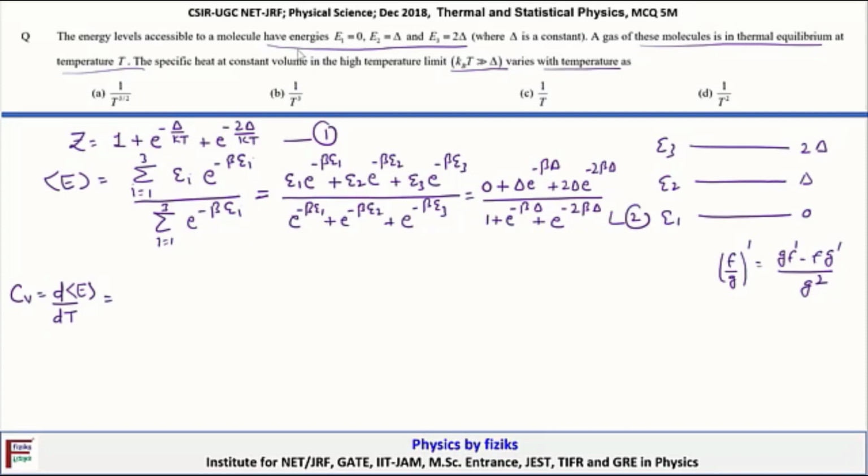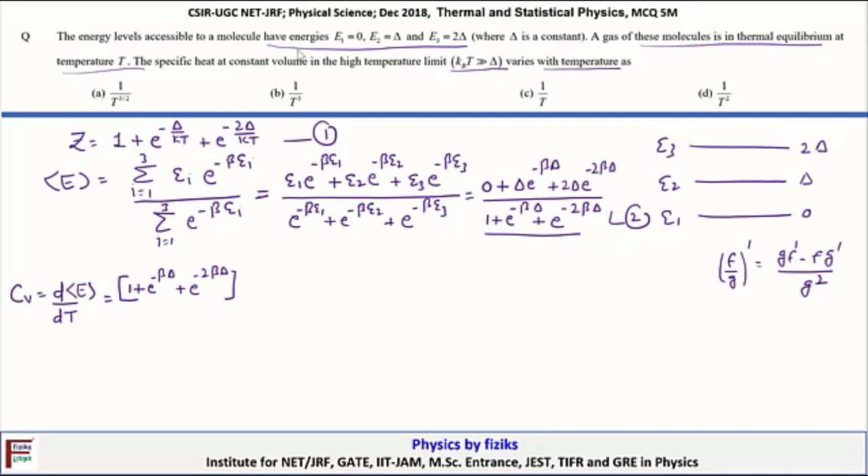So g is the denominator here, that is 1 plus exponential minus beta delta plus exponential minus 2 beta delta. It's a slightly lengthy problem, but the final answer is very simple. So that is g, g multiplied by f dash. f dash means the differential of the numerator.